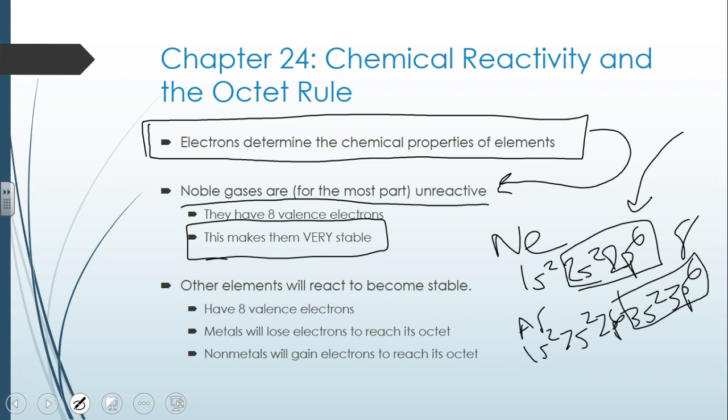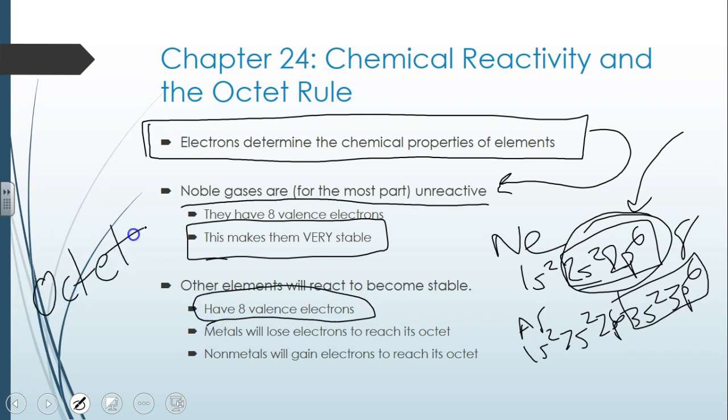It doesn't become a noble gas because we haven't changed the number of protons or neutrons, but it looks like a noble gas in terms of the part of the element that determines reactivity. So, atoms want to have 8 valence electrons. Okay, this is what we call the Octet Rule.